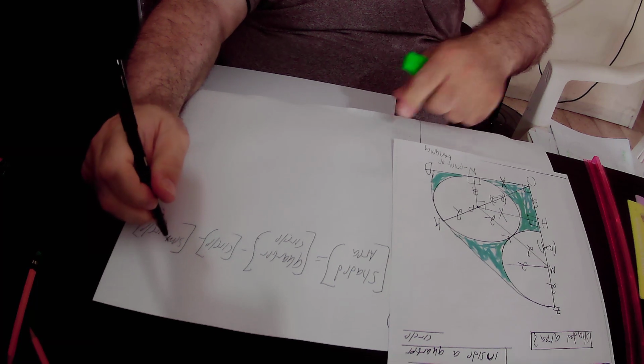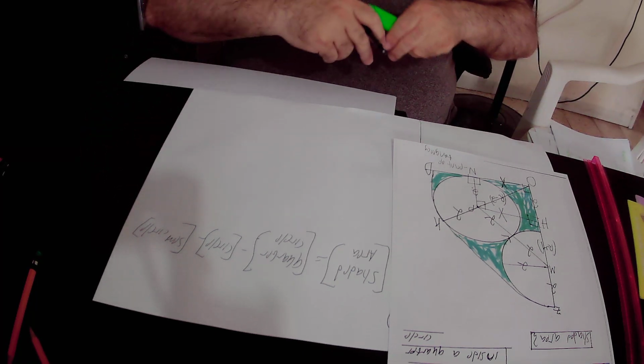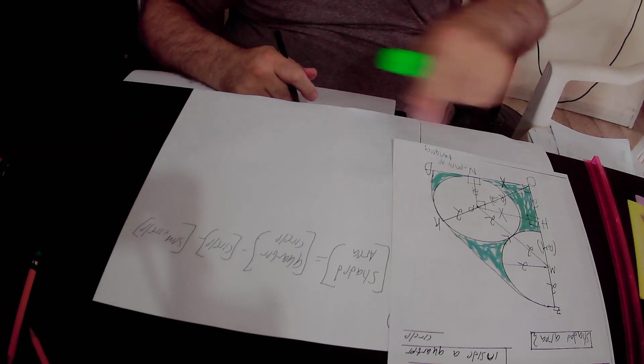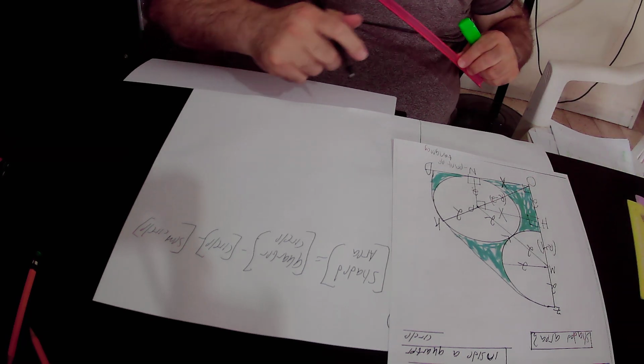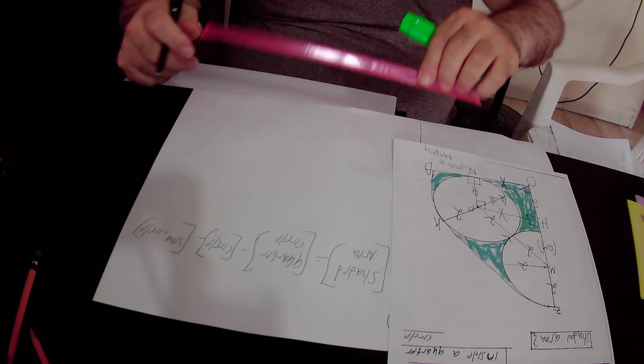I repeat again, the value of the shaded area equals the area of the quarter circle minus the area of the circle minus the area of the semicircle.